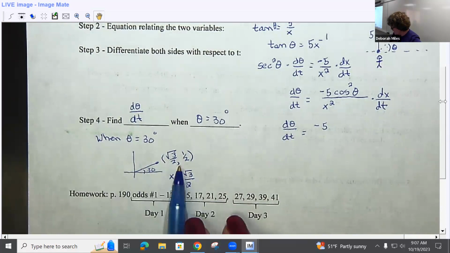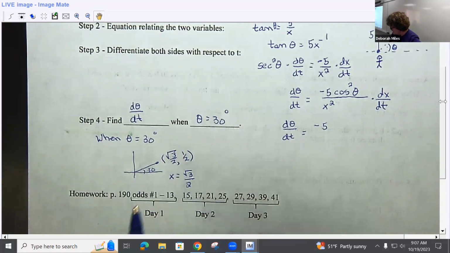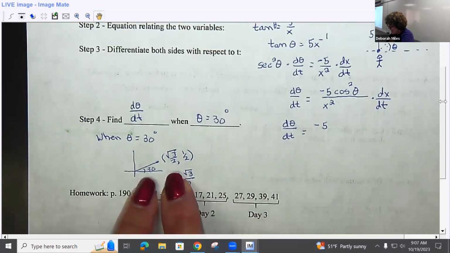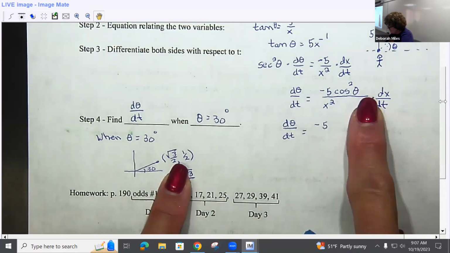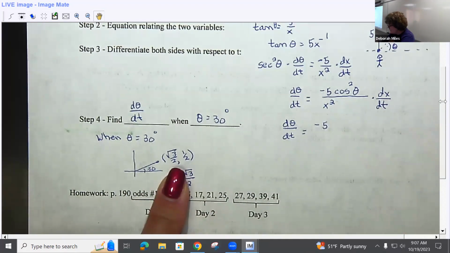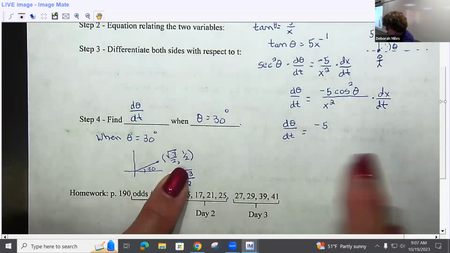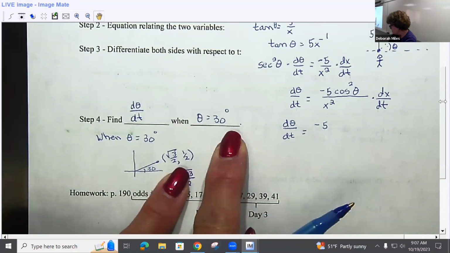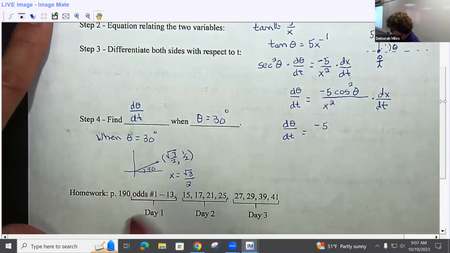So we're going to have to do what you said, Carrie, to find x when theta is 30 degrees, because we can't assume that radius is 1.